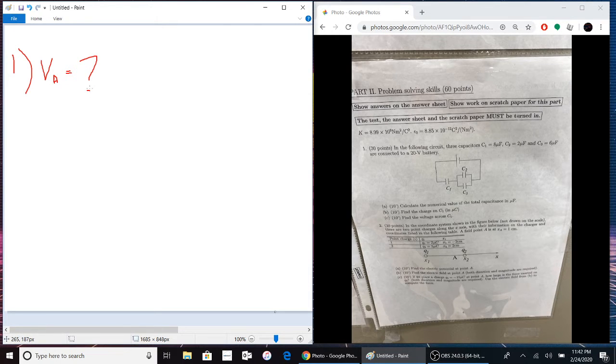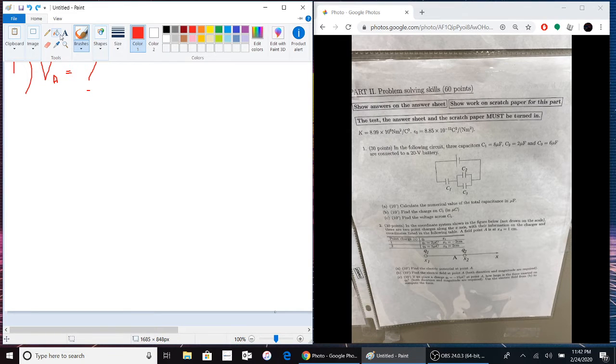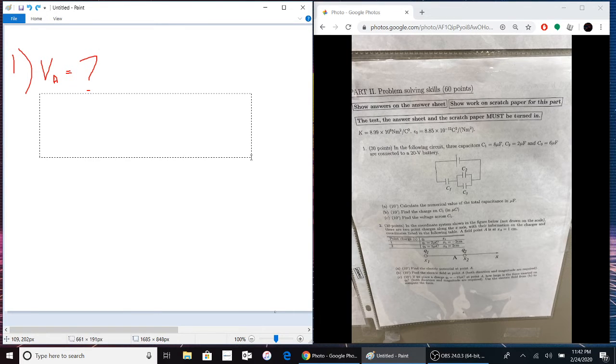So we need to understand that VA is equal to, actually, you know what? Let's type this. Hope you guys can understand. VA is equal to V1A plus V2A.